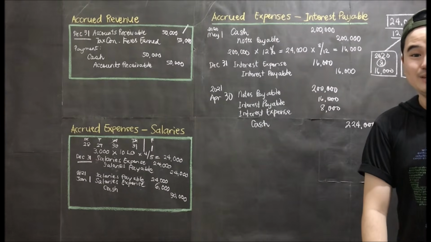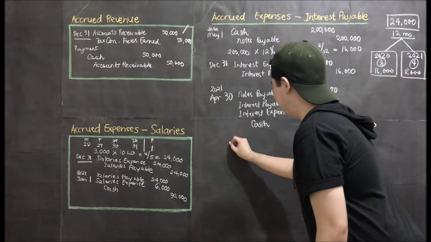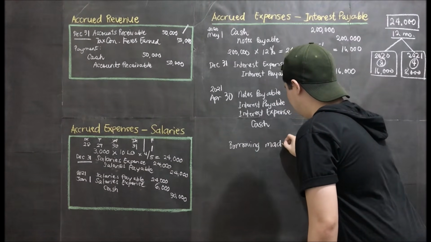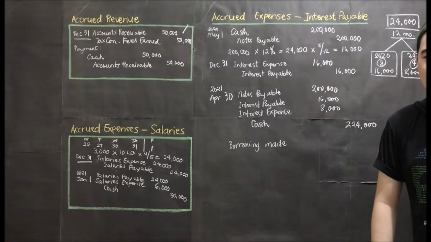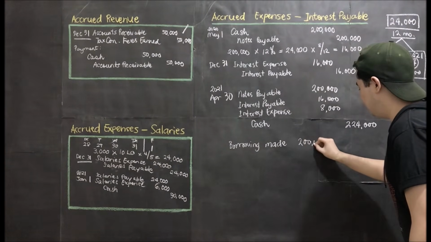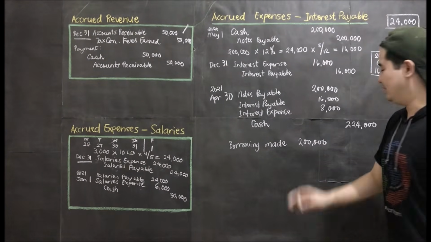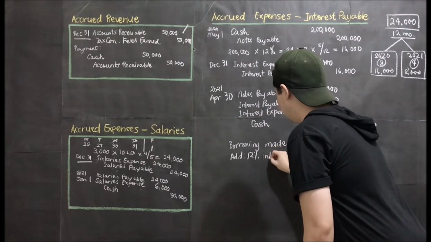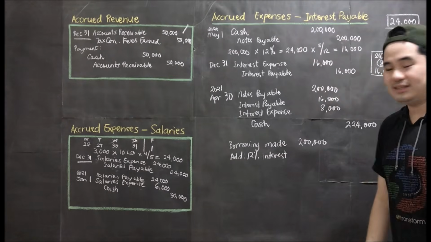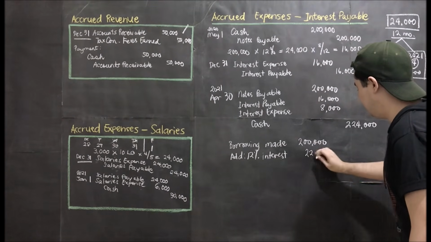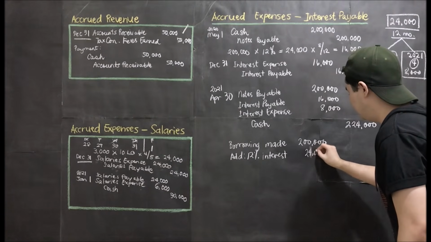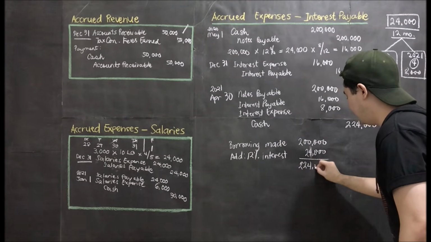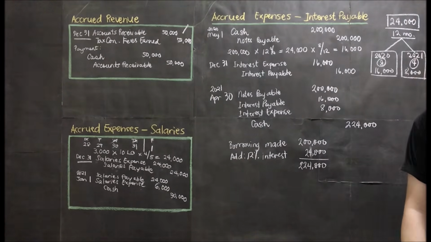O i-prove natin yung 224,000. Ang borrowing na ginawa ng company ay 200,000. Tapos, ang 12% interest natin ay 24,000. So, ang total nito ay 224,000. Paano natin ipoprove yung 224,000 na to?